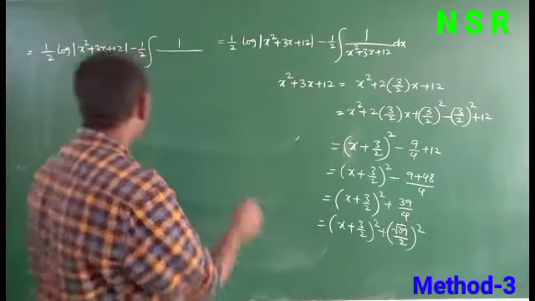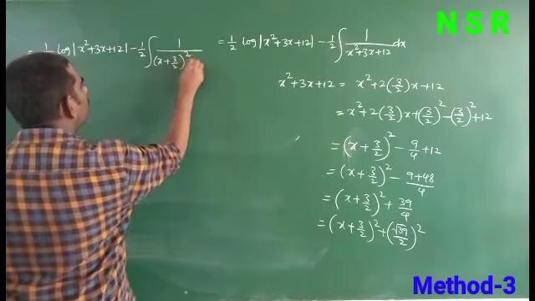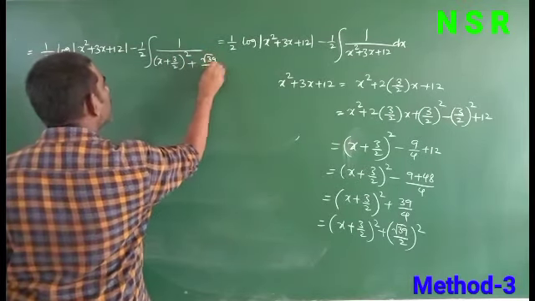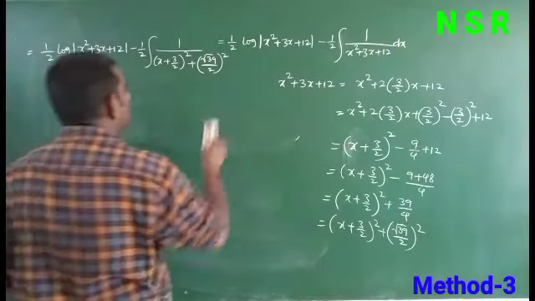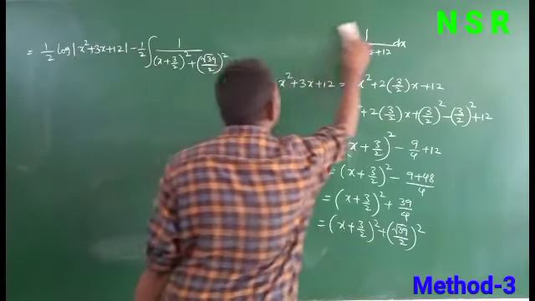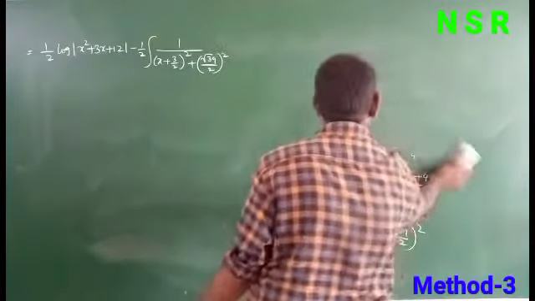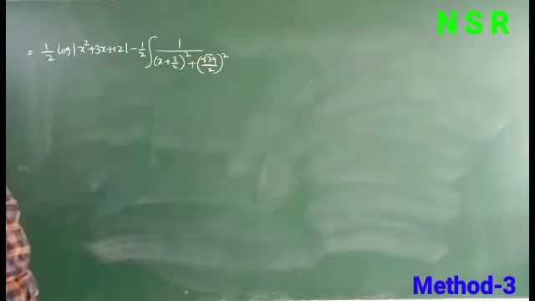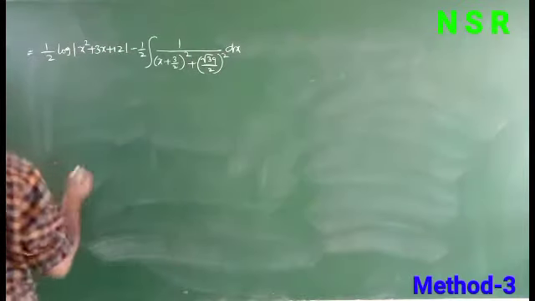In this place we can write x plus 3 by 2 whole square plus root 39 by 2 whole square, into dx. So it is in the form of 1 by (x square plus a square). The x square plus a square formula is 1 by a tan inverse x by a. So apply your formula.